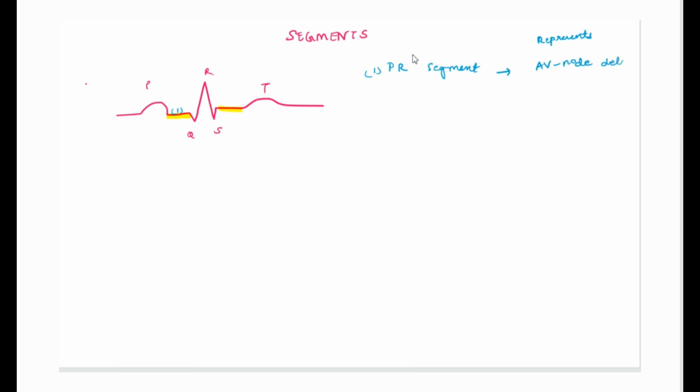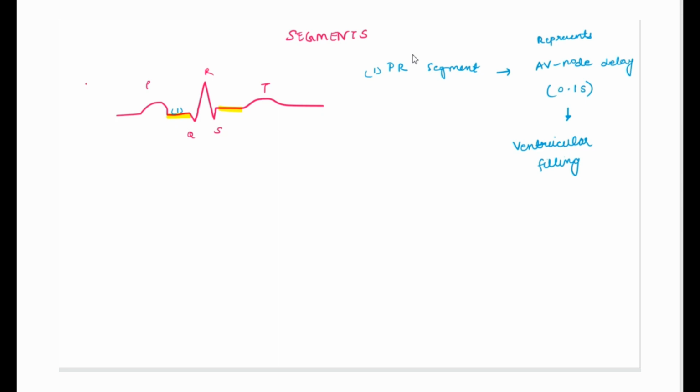No. This is functionally very, very important. This represents the AV nodal delay, which is approximately 0.1 second. This is extremely important for providing adequate time for ventricular filling. When the atria contract, adequate time is required for the ventricles to relax and get filled.